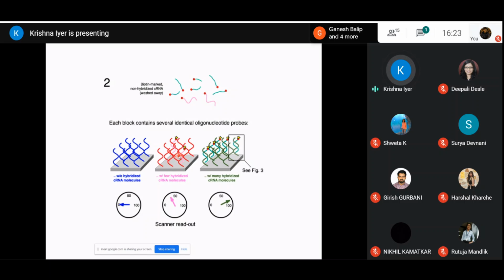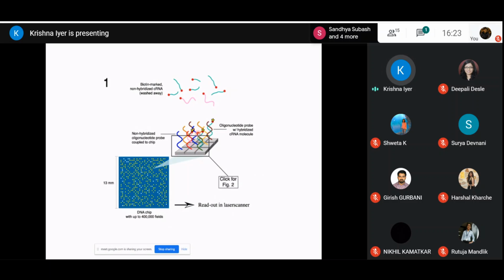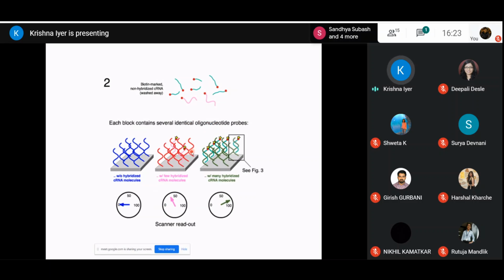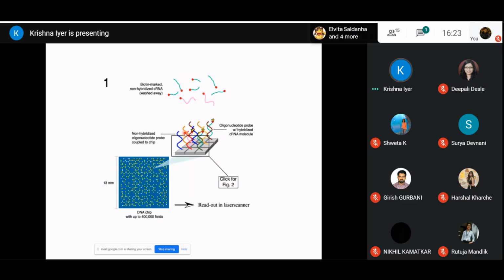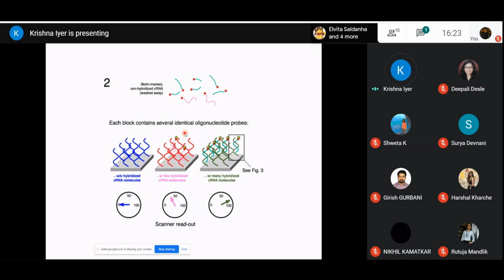Now remember, here I showed red as only one. Actually speaking, if I go very close, the red is going to have millions of molecules there, and this will go and bind there. The light greens will go and bind here. No binding will occur in this blue region because there is nothing complementary to that. And now what will happen? Because I've got a little label here, which is tagging all these things, I'll find that the signal in this region will be equivalent to these two labels.